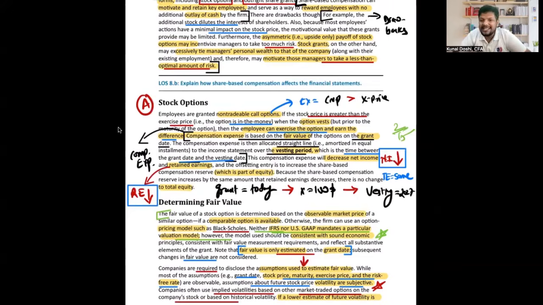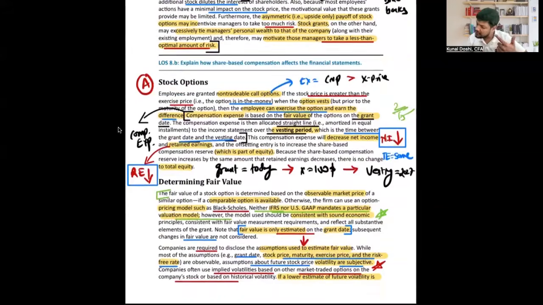I've got a question, is it a straight line? Yes, it's a straight line amortization. So whatever is the value of the grant divided by the vesting period, it's a straight line amortization. All right, correct. So the expenses should be recorded in the income statement. It's a straight line divided by the vesting period. Clear?